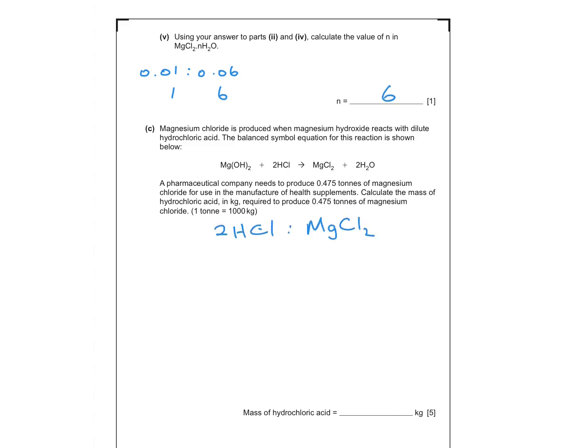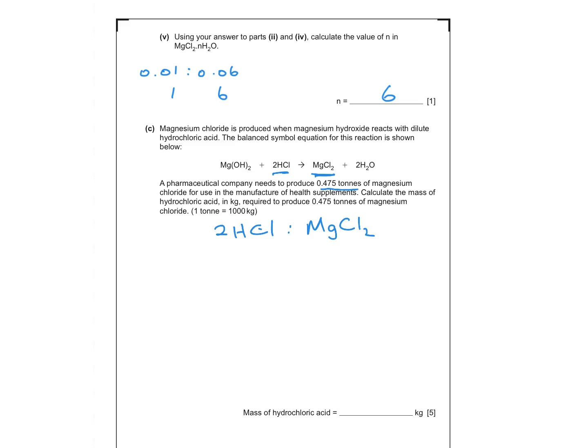And for part C, again, I'm going to pick out the two substances that I'm interested in. I'm told I've got 0.475 tons of magnesium chloride, and I want to calculate the mass of hydrochloric acid that's required. So these are the two substances I'm interested in. So I've got to start with the magnesium chloride, because that's what I want to produce. I want to produce 0.475 tons.